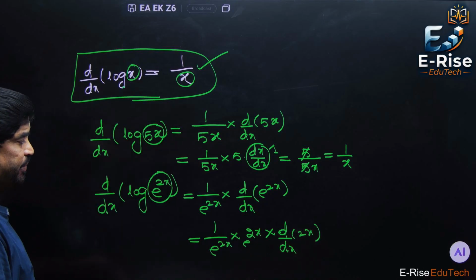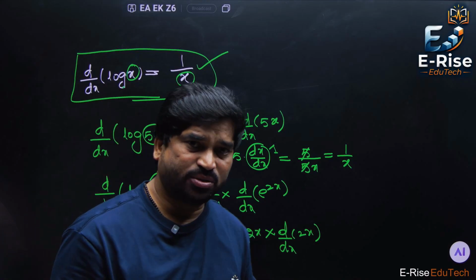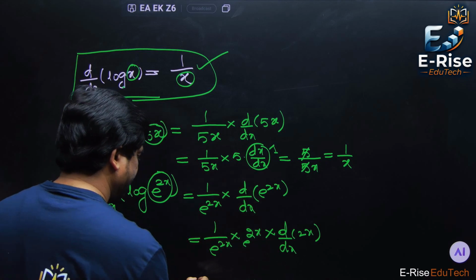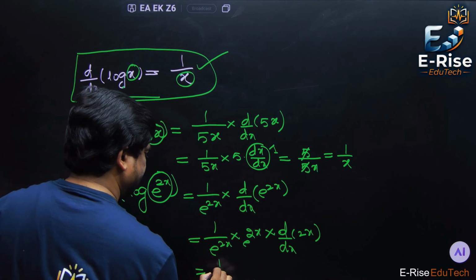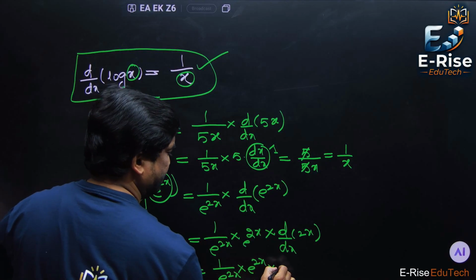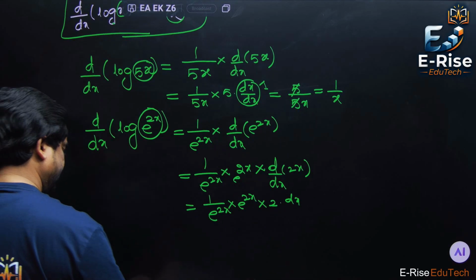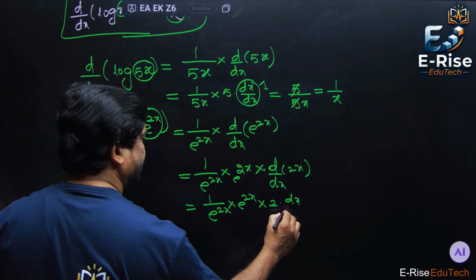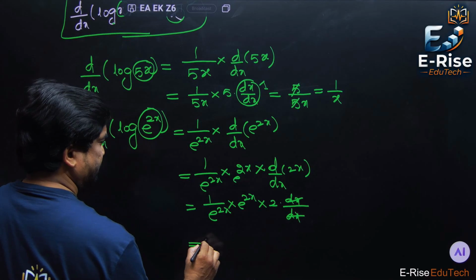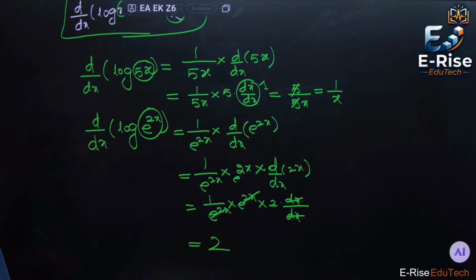Carefully observe here. e power 2x, one formula is there: d by dx of e power x is e power x only. Again, here 2x is there. For that, internal differentiation applies. 2 e power 2x into 2 into d by dx of x, here 1. So this one cancels. Only 2 is the point.